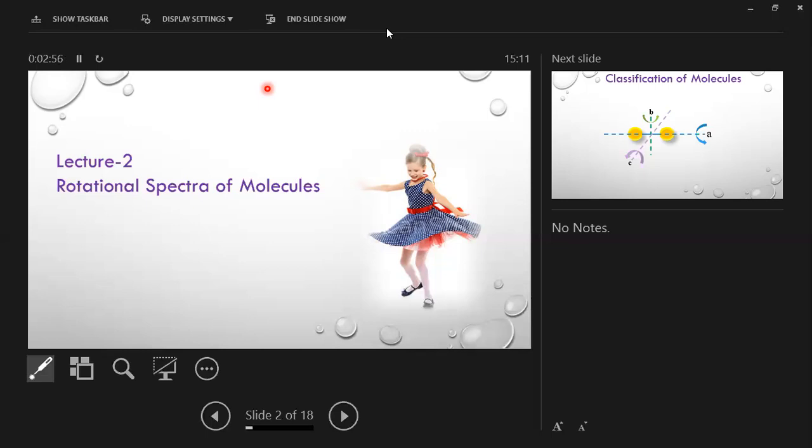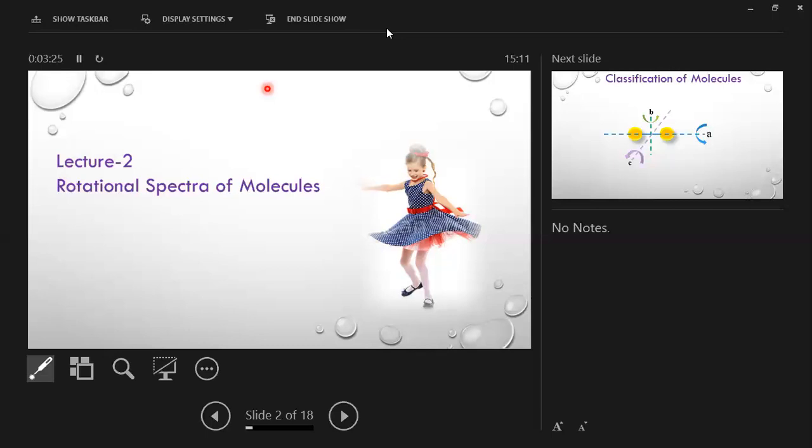But not all molecules have all these three components. I will discuss which type of molecules have which type of components, either rotational or vibrational. That will be decided by the structure and type of the molecules, whether they are polar or non-polar. Before discussing in detail, we shall discuss the structure of molecules.